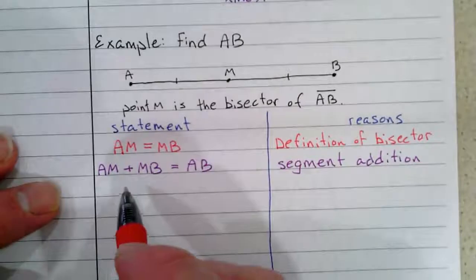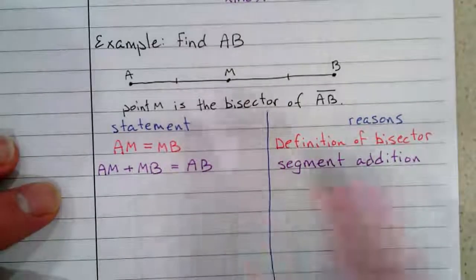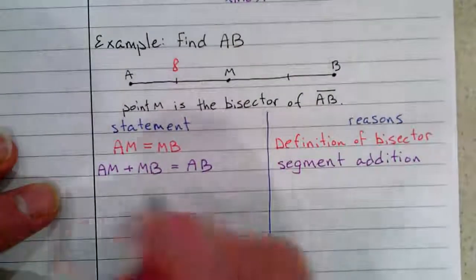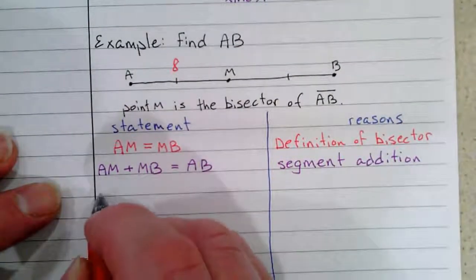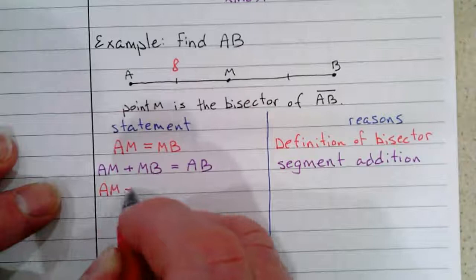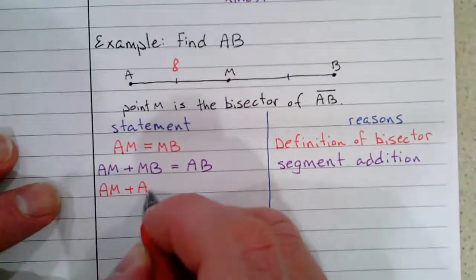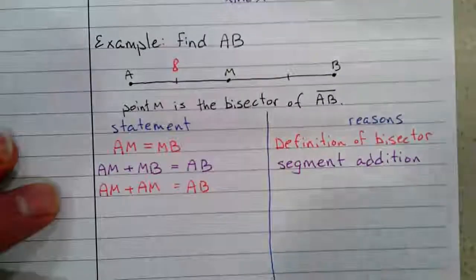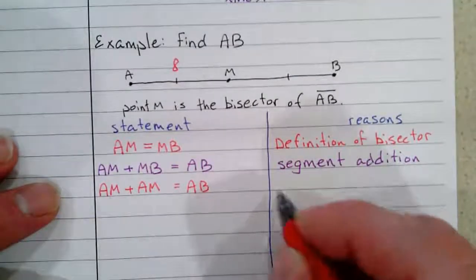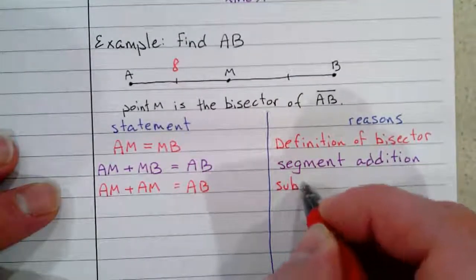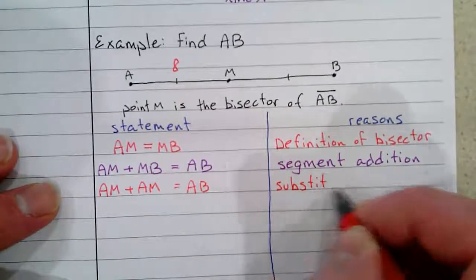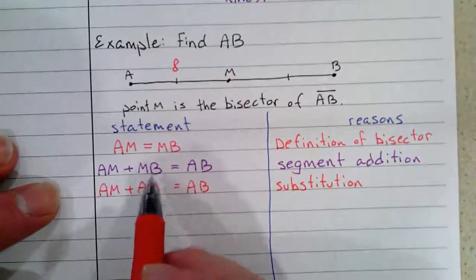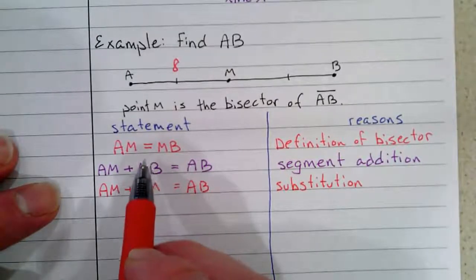And then, oh wait, there was supposed to be something missing up here. Oh, yeah, AM is 8. So we would say that AM plus AM equals AB, and that is substitution. We've substituted AM for MB, and we can do that because they're the same thing.